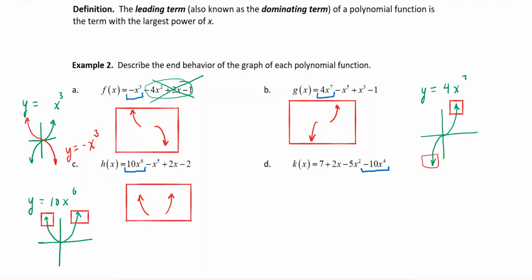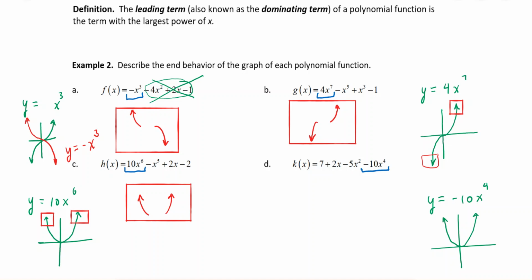One more. This time we found the leading term is negative 10x to the 4th. And so we can graph x to the fourth. And so multiplying by 10 doesn't change the shape, doesn't change the end behavior, but multiplying by that negative in front, it sure does.